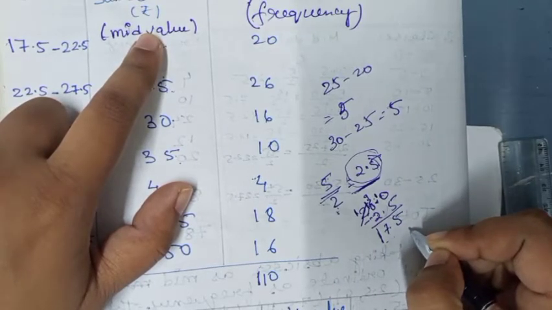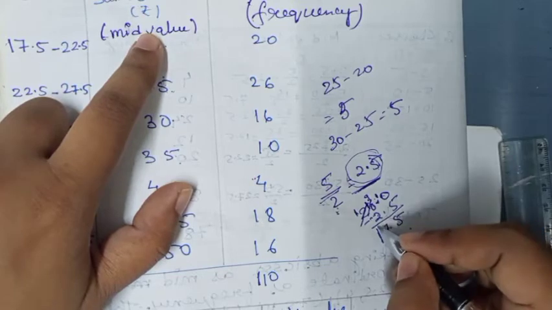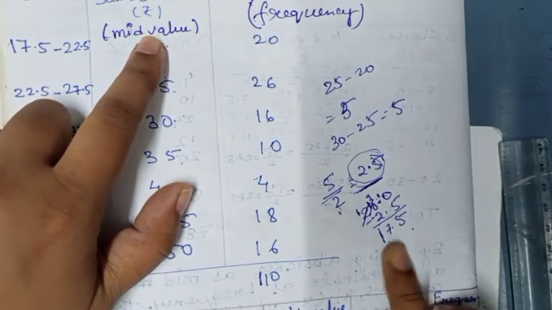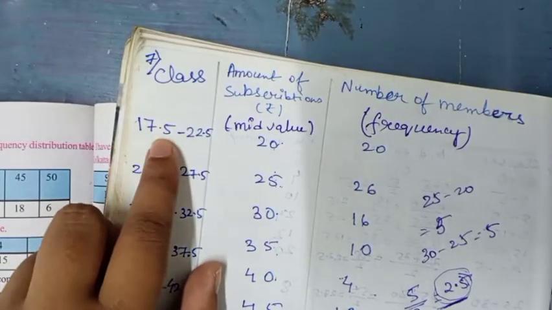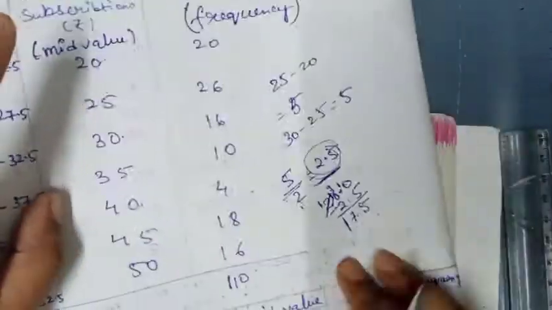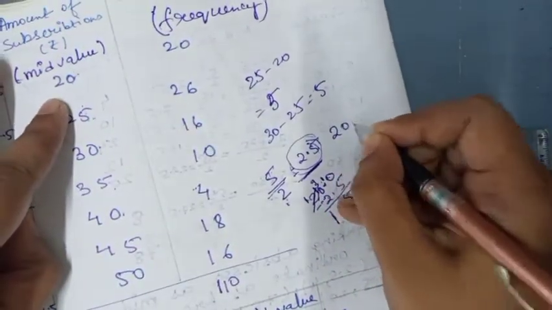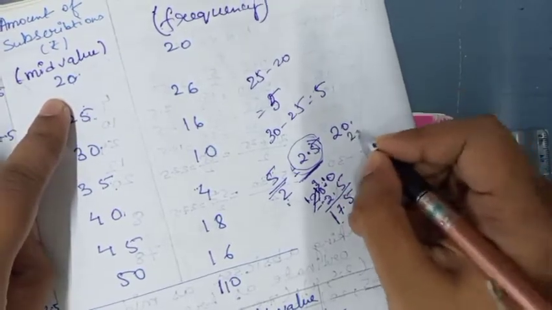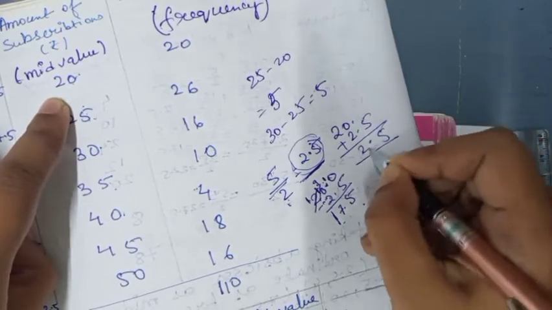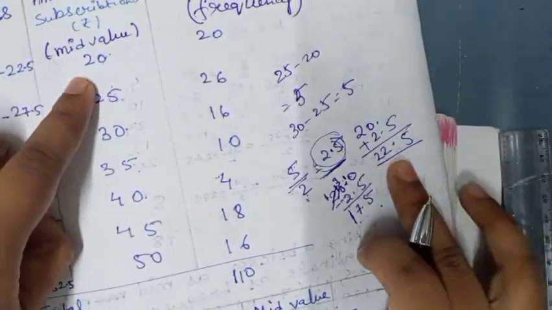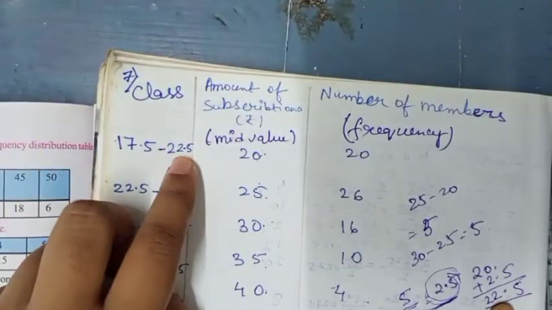When you subtract 2.5 from 20, you get 17.5. It means that the lower value is 17.5. When you add 20 and 2.5, how much will you get? 22.5, so the upper value will be 22.5.